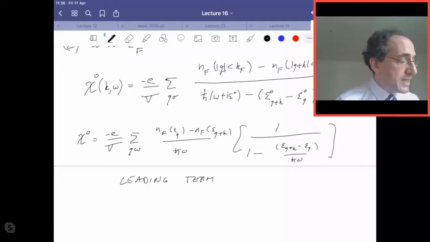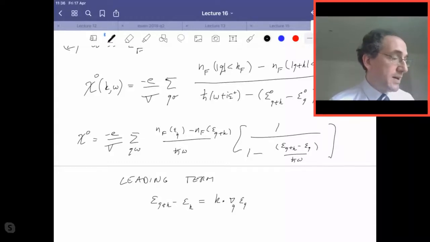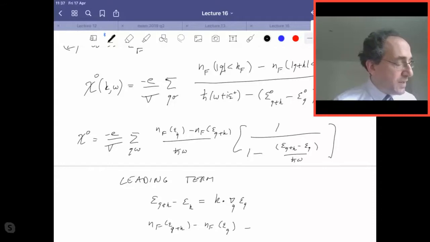And for the subleading term, let's simplify things a little bit by writing epsilon_{q+k} minus epsilon_q as k dot del_q of epsilon_q. And similarly, n_F of epsilon_{q+k} minus n_F of epsilon_q will be k dot del_q of n_F of epsilon_q.